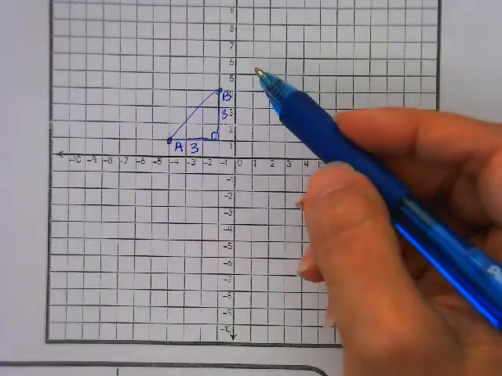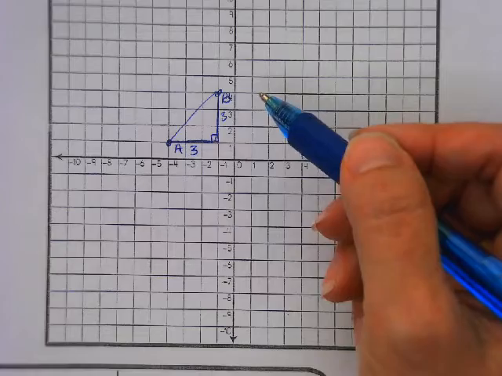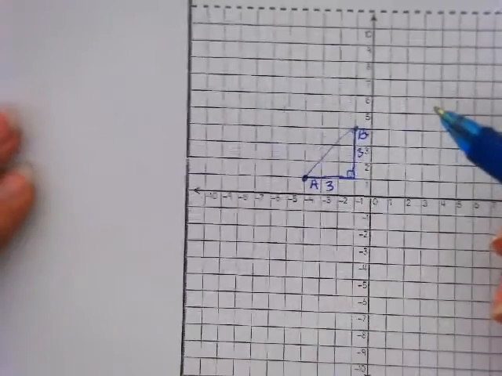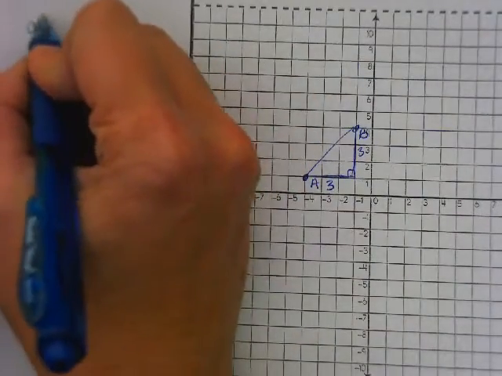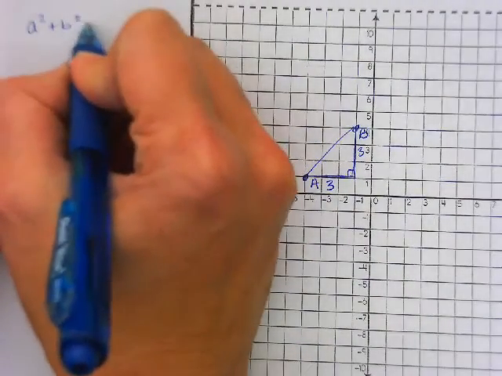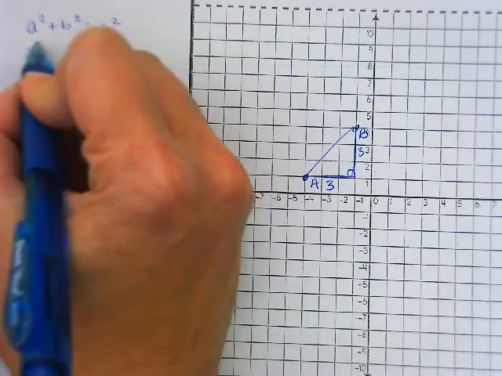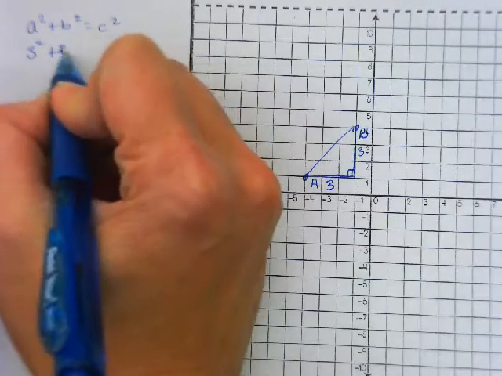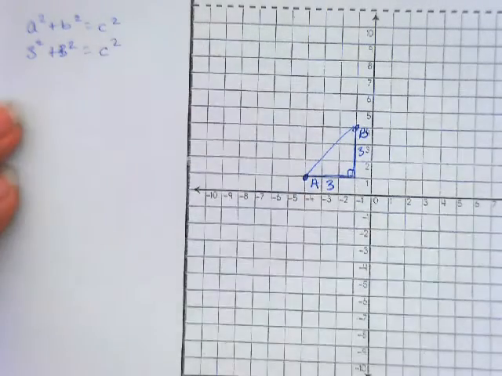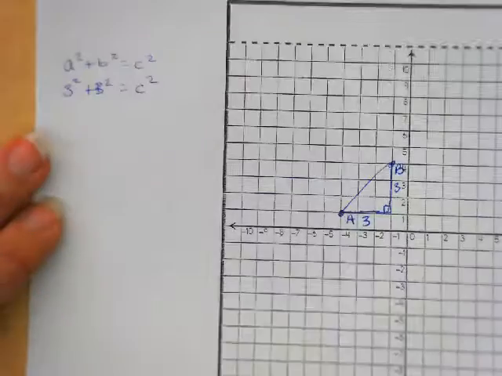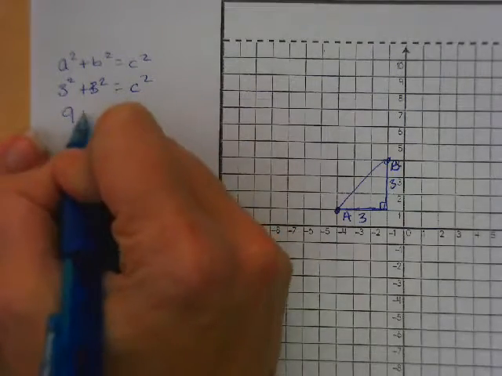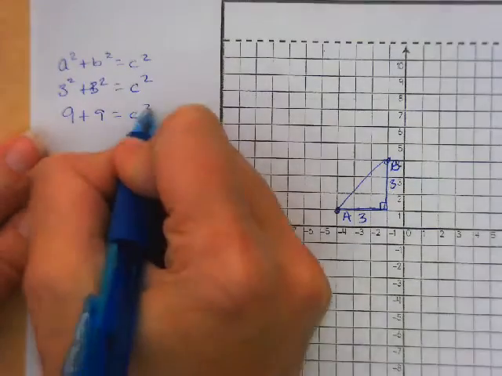So we can do the work over here in the margin. A squared plus B squared equals C squared, and we know A is 3 squared and B is 3 squared. Then we can go through and do our Pythagorean theorem and say 9 plus 9 is C squared.